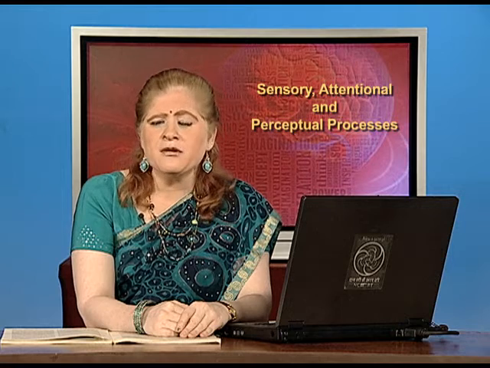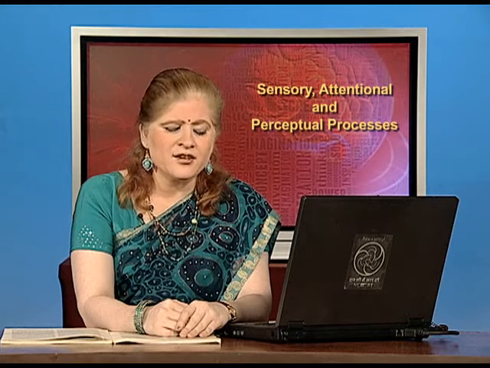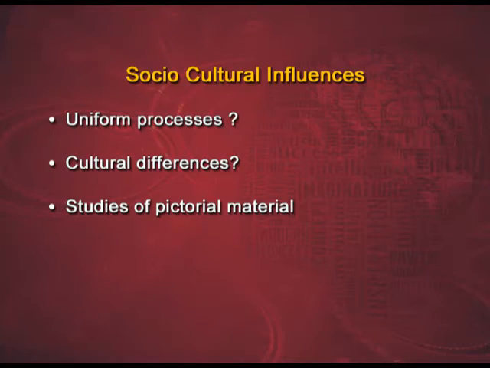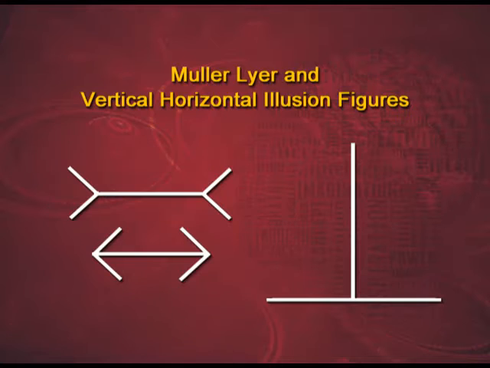There have been numerous experiments done in this regard using pictorial material. You are familiar with the Mueller-Lyer and vertical-horizontal illusions? You can see them on your screen. Taking these, many experiments have been done to see how these illusions affect people from different cultural backgrounds.